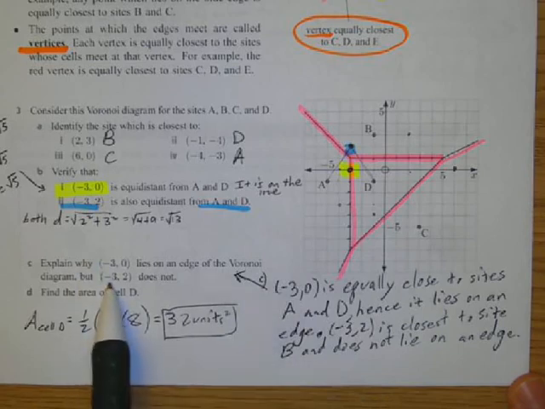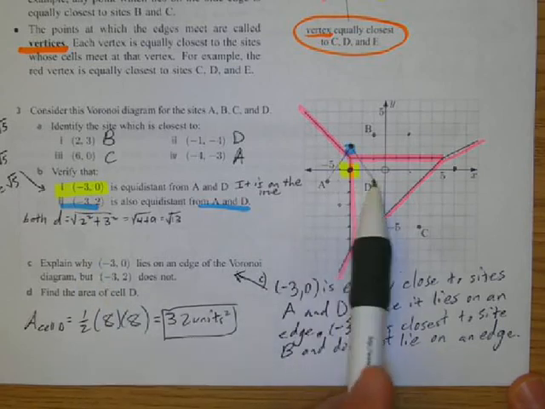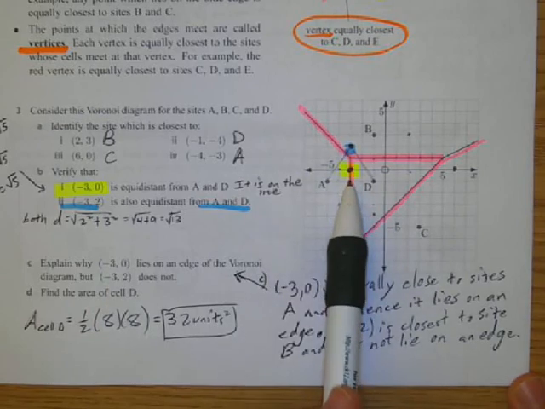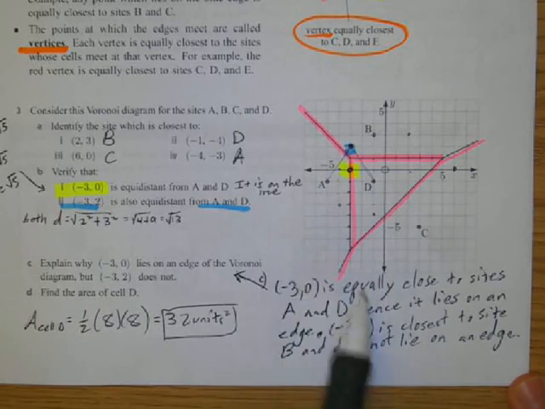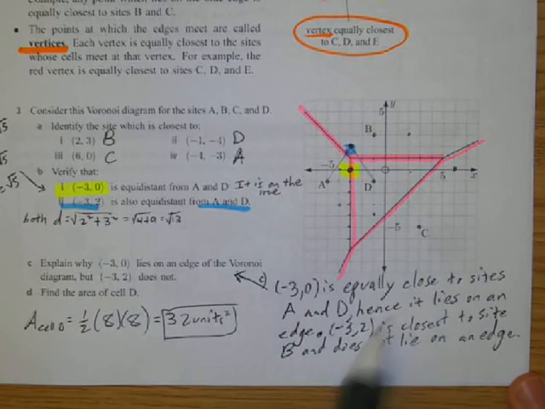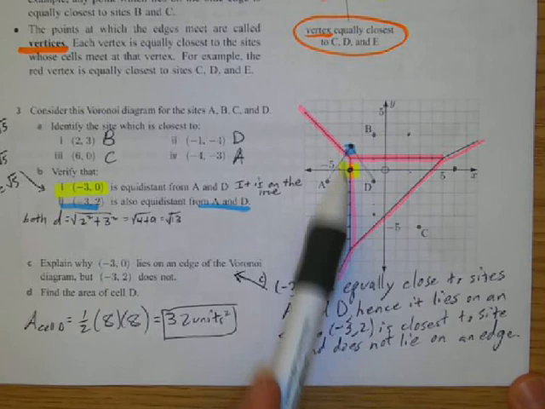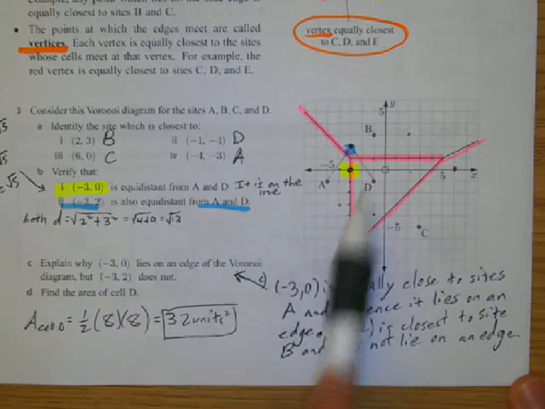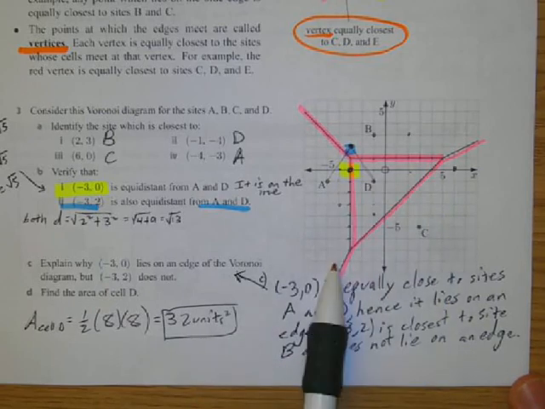And this (-3, 2) is not on an edge because the closest site to it is B. Since it's closer to B, it's not on an edge. To find the area of the cell D, we use the formula for the area of a triangle, 1/2 base times height. The base here is 8, the height here is 8, so the area is 32.